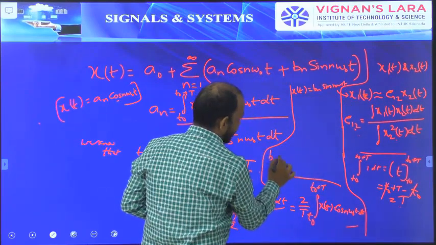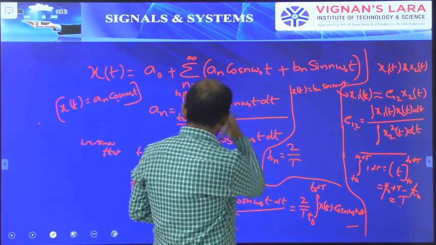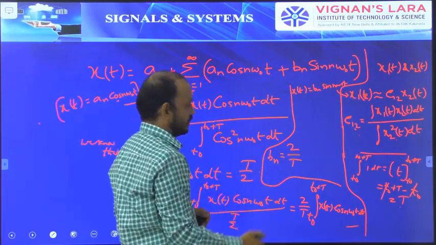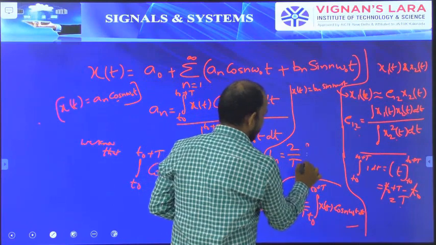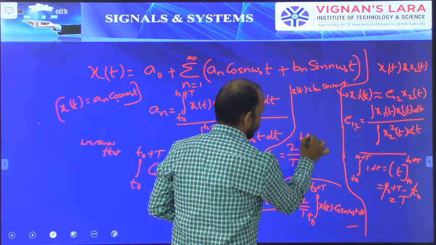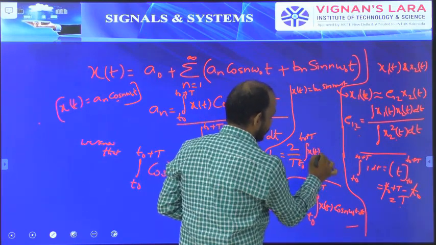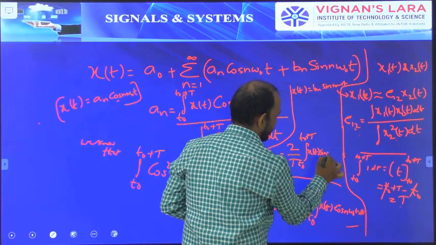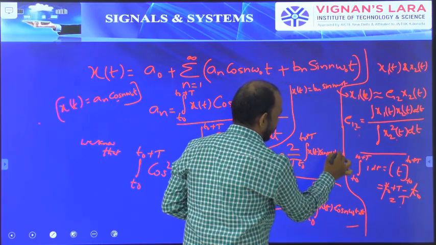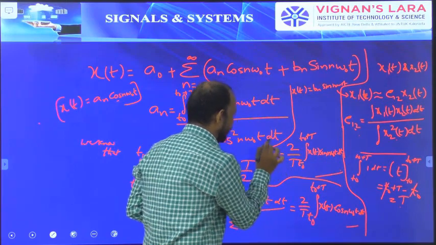So the value of bn will be equal to 2 by T, as I did for cos, the integral from t naught to t naught plus capital T of x(t) sin n omega naught t dt. So this is the equation for bn.